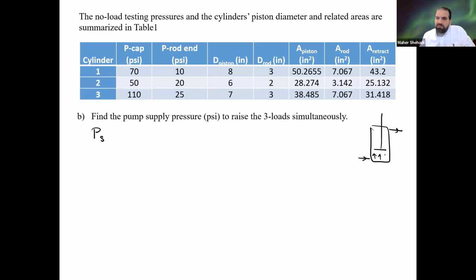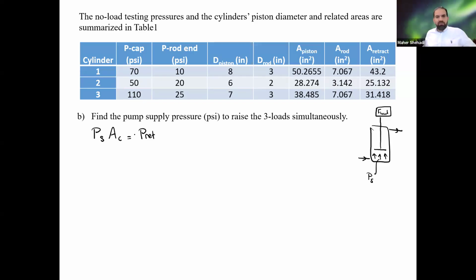So here we have the supply pressure, which we call P cap, but since it's supplying the load, because I have W here, or if you want to call it F load, excuse me. So on the cap side, P supply times the cap side area of the piston has to be equal to P retract on the back side, or P rod, I should call it.